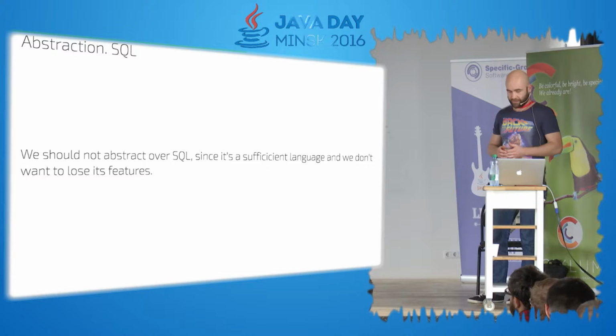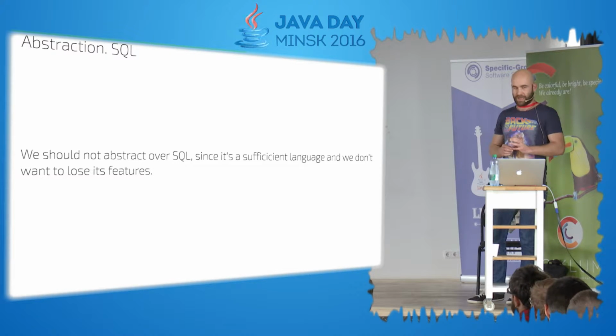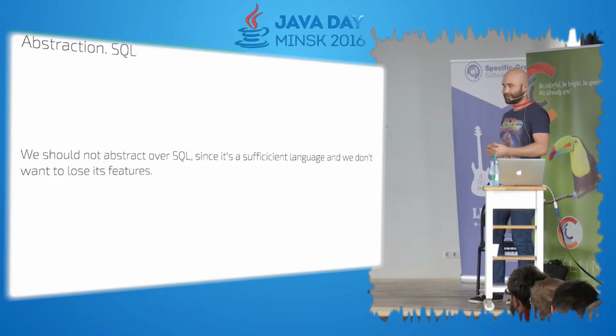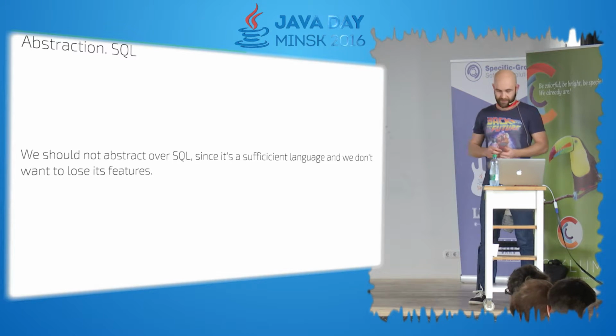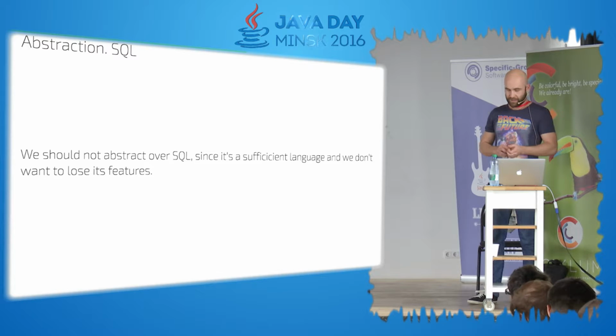So the conclusion is the best we could achieve is compile time checking of those SQL statements for correctness, and that's about it. Apart from that, we should not change their structure.